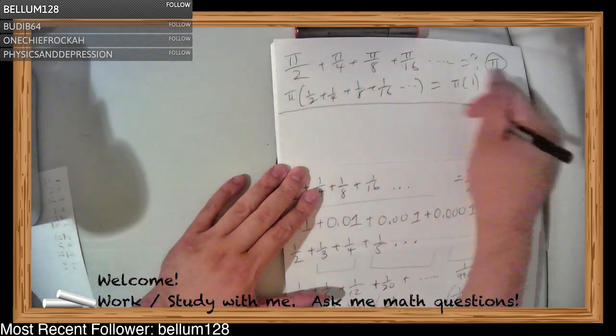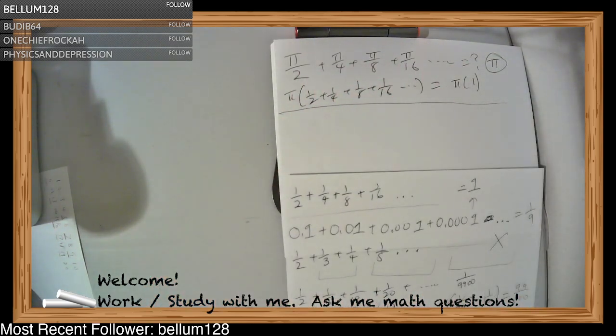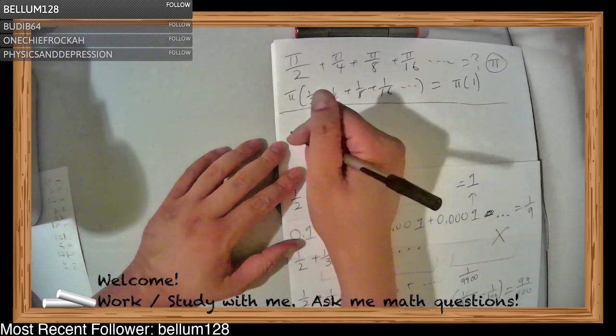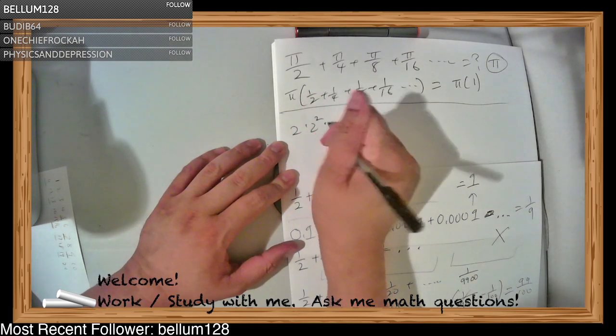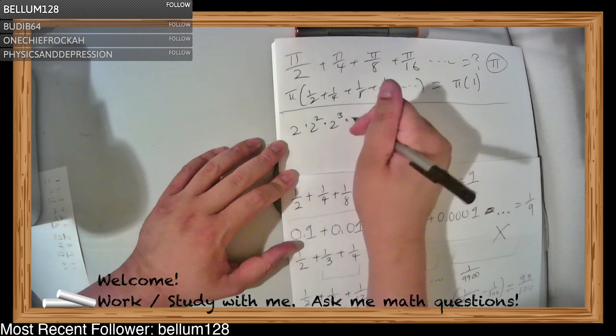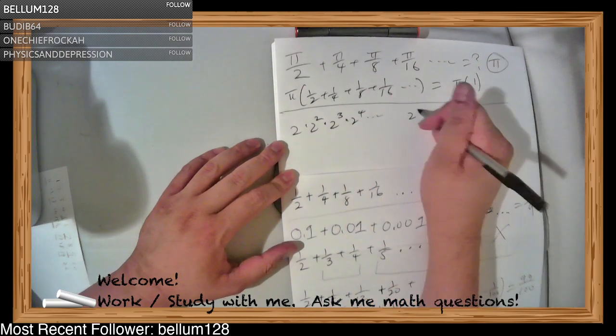Well, we have these things called exponents. For example, what do we get when we have 2 times 2 squared times 2 cubed times 2 to the 4th, dot dot dot, 2 to the 100th?